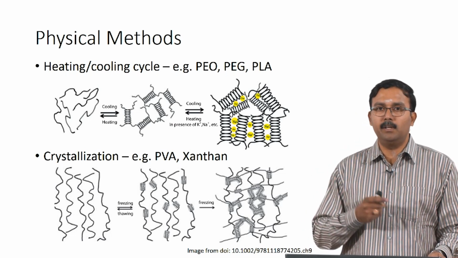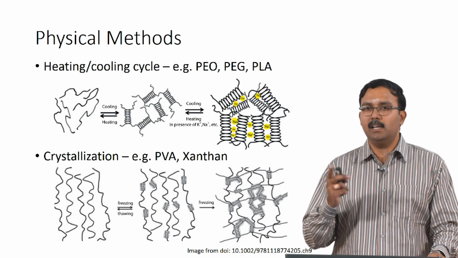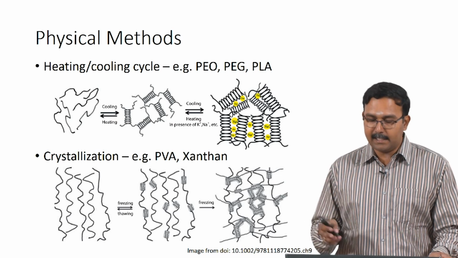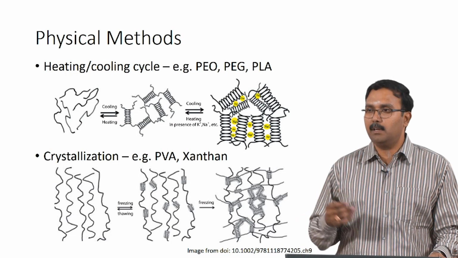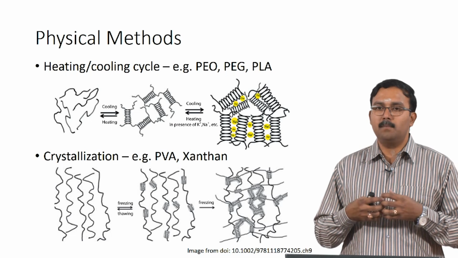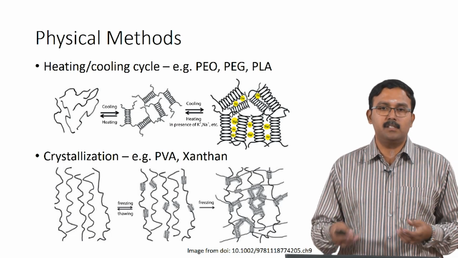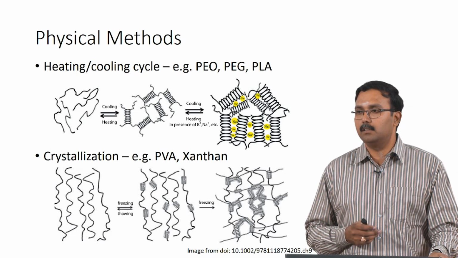When you heat and cool, you keep doing this cycle multiple times, and these coils are formed. Finally, in the second step, you do the same heating and cooling along with ions like sodium ions or potassium ions. These are then stabilized, thereby forming physical cross linking which forms the hydrogels. This is usually done for PEG, PLA, PEO and so on.